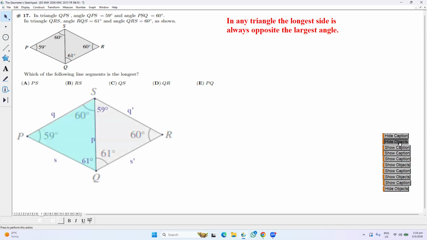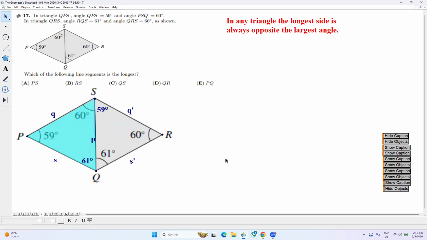So let's show the diagram. We label the sides. Opposite Q, we label Q. Opposite S, we label S. Opposite P, we label P. For the other triangle, we use Q prime and S prime. Then P is common to both triangles.